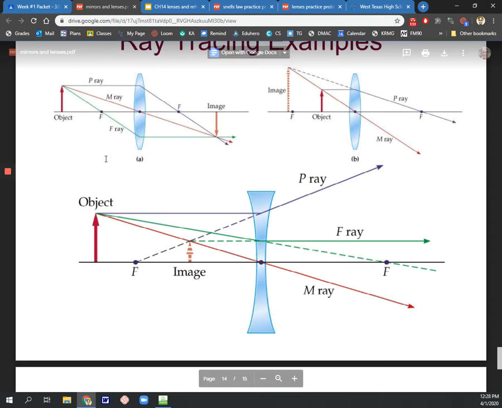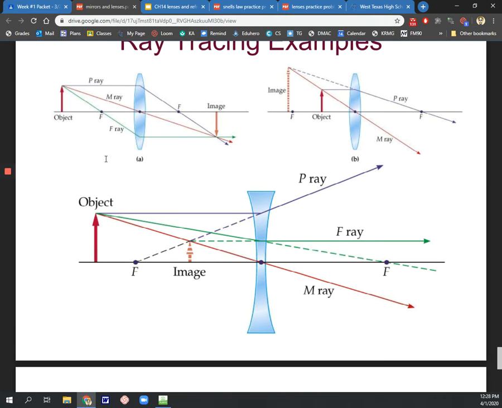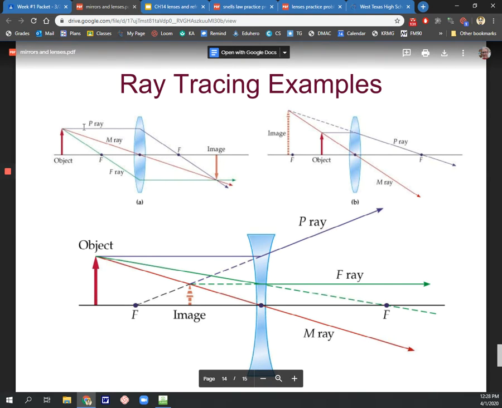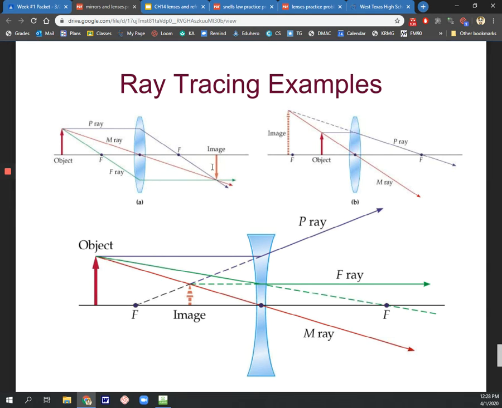A couple different things can happen. Right here we've got a converging lens, and if the object is past the focal point, then the image that's going to form is going to be inverted and real.